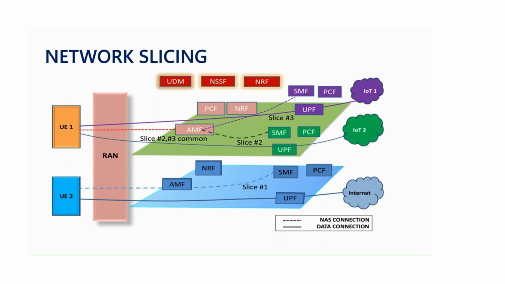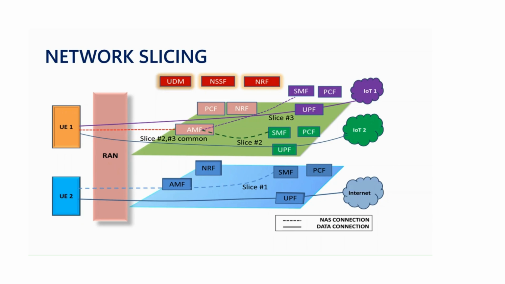So usually behind the scenes, we have some specific entities like unified data management, network slice selection function, and network repository function, working with the slices for critical management that supports all network slices by managing the user data, selecting the network slices, and storing the network function information in a specific area.